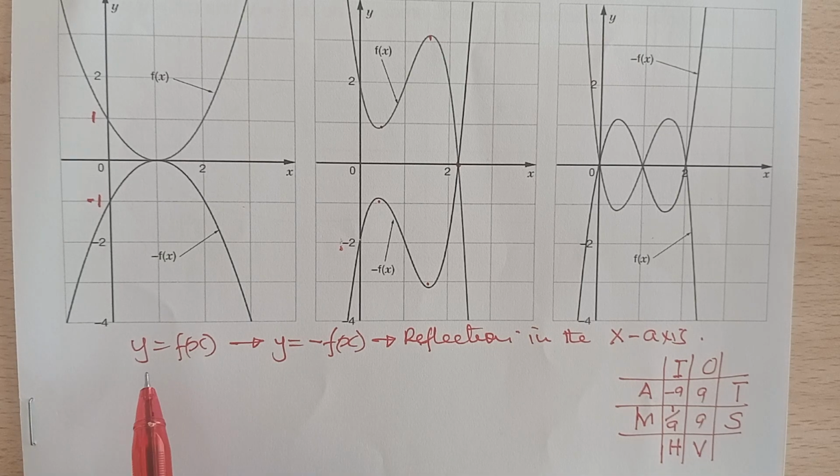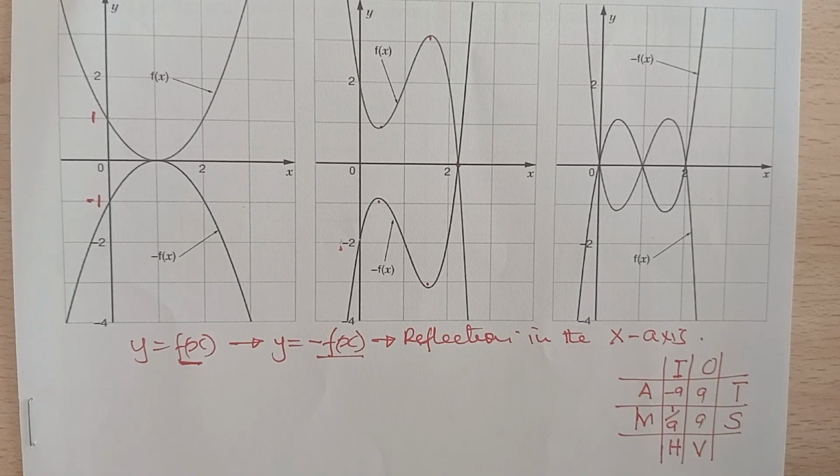Now, as you can see, this graph has been transformed to this graph. It is multiplication by -1, and it is not within the x, it is outside. So the whole function is multiplied by -1. So let us see.